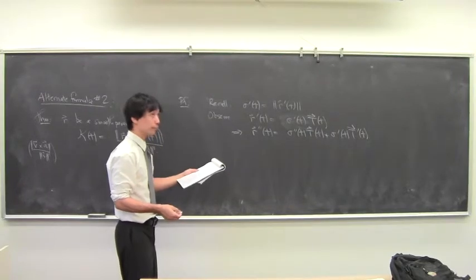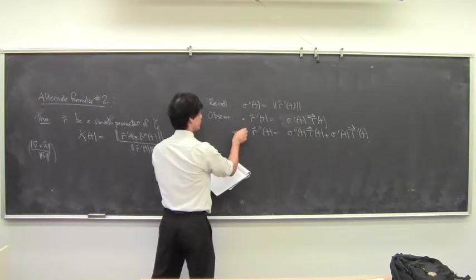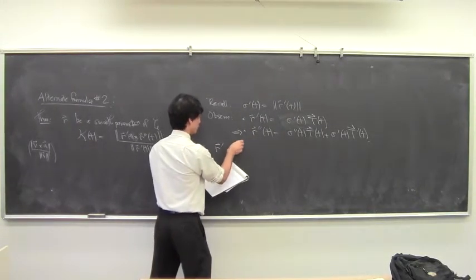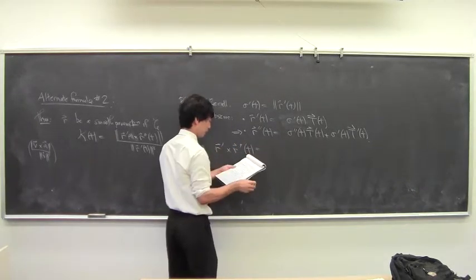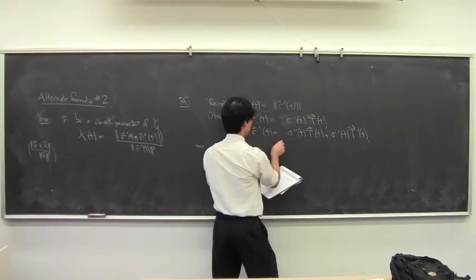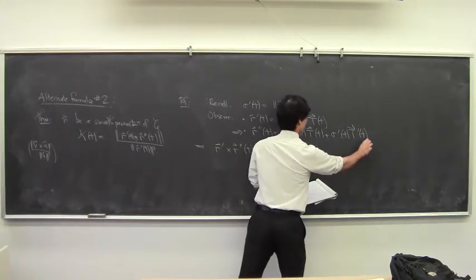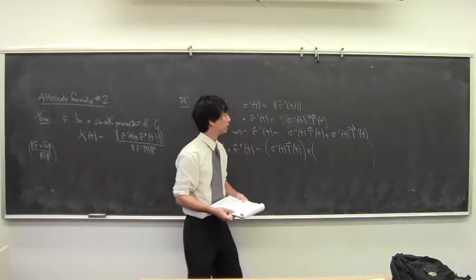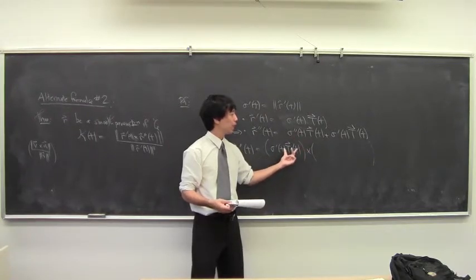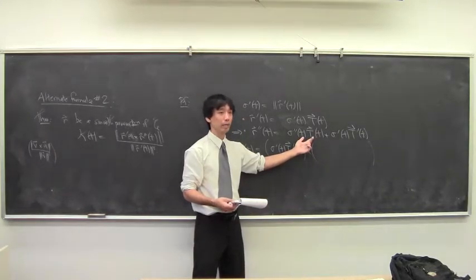Okay, so now let's take the cross product of the first row against the second row. Number 1 cross number 2 is going to be the first guy cross the second guy. But notice what happens when I take the cross of this thing against this part of it.